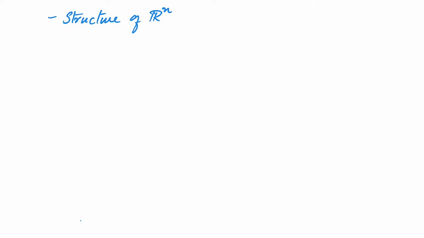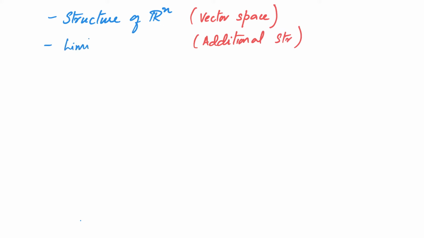In analysis, we already studied the structure of R, and in linear algebra, we studied the vector space structure of Rn. This alone is not enough, and we will have to define some additional structure which will enable us to define limits and continuity.